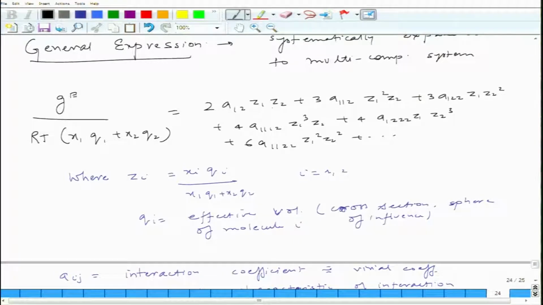Now, one model suggests that for a binary mixture Q1 Q2 can simply be considered as molar volume ratios, because what is Q? Q is effective volume. So if you just consider molar volume, that is one approximation we can consider. Let me elaborate more on this.